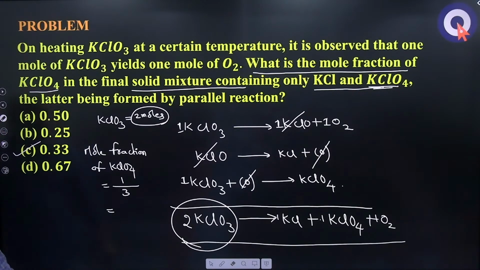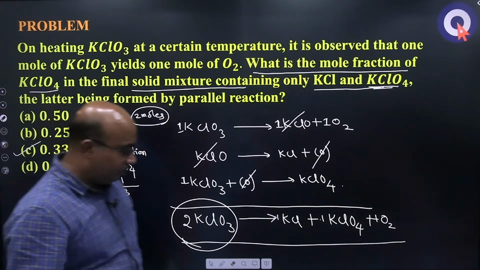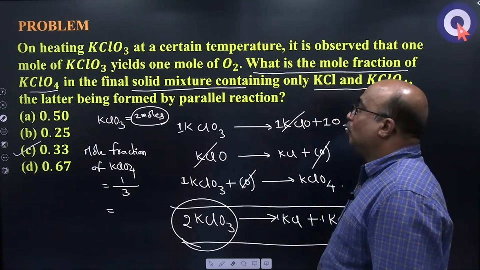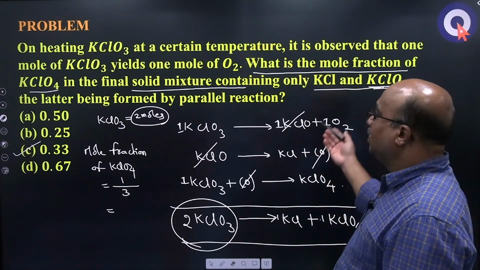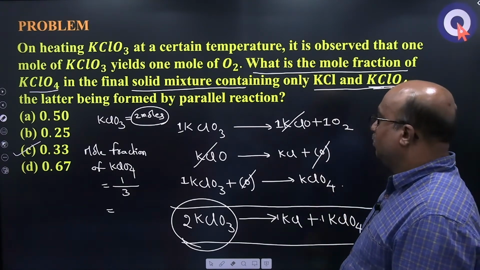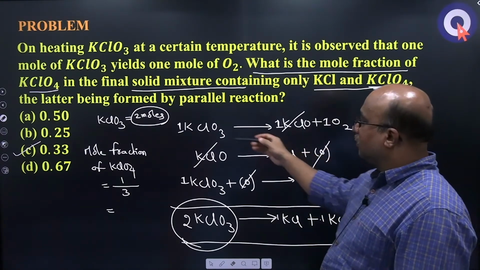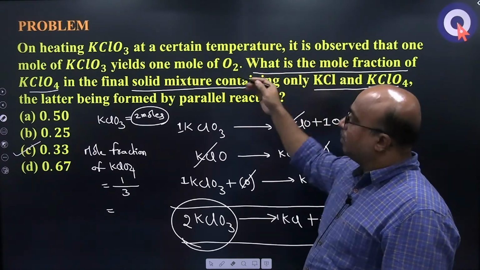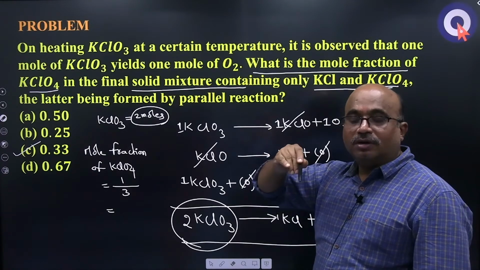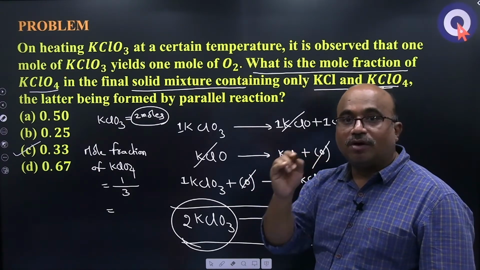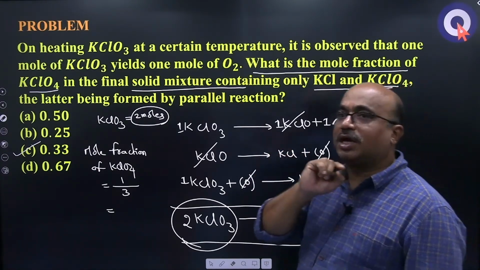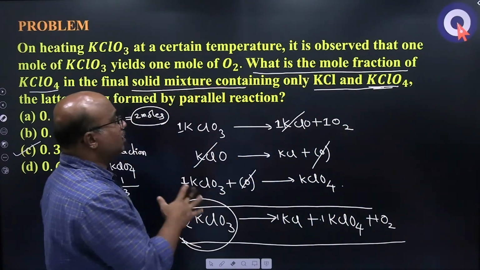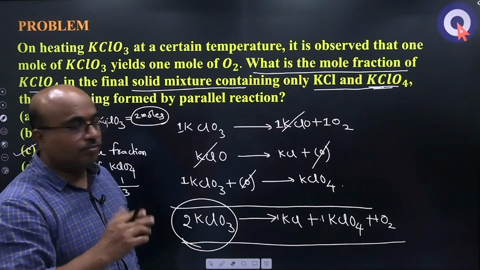So it is 1 by 3. KClO4 is forming in the parallel reactions because of KClO, because we are writing this equation as per the given condition that 1 mole of KClO3 is giving 1 mole of O2, so it might be KClO plus O2. Otherwise the general reaction is KCl plus O2.